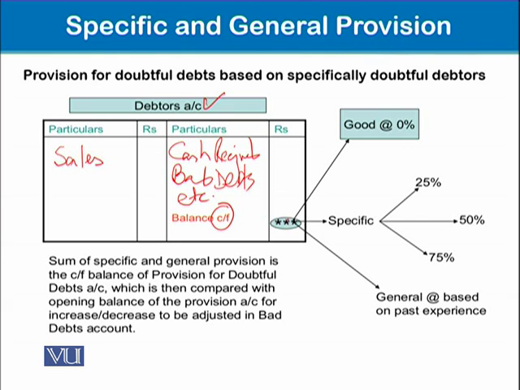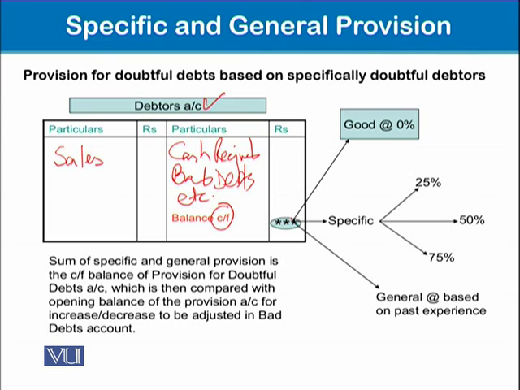So provision for doubtful debt is created against this balance carry forward. What do we do? First of all, we see, is there any good debtors in this amount? We will solve a practice question on it, but just see its concept first, then we will solve a practice question on the same concept.